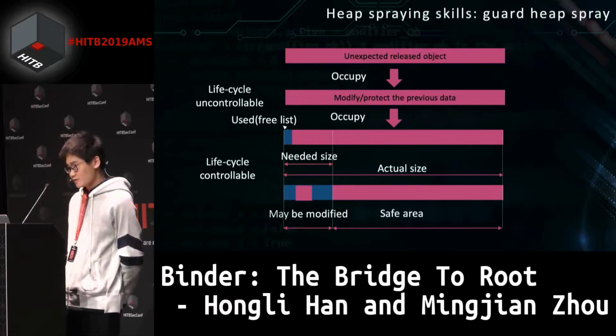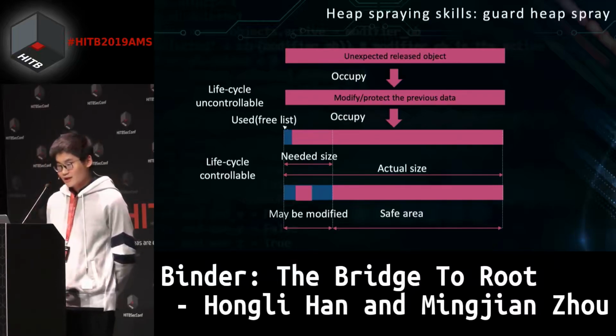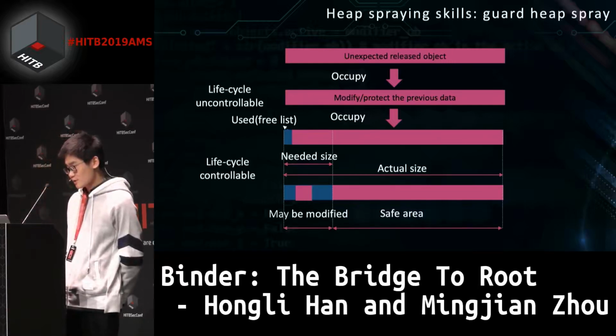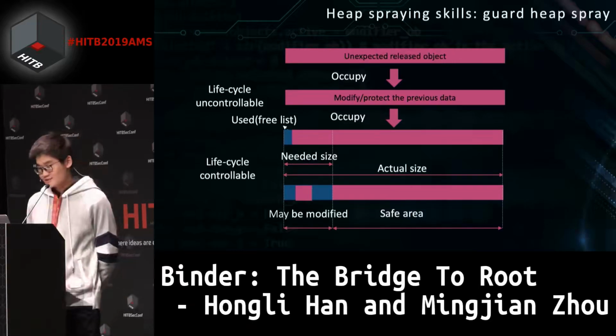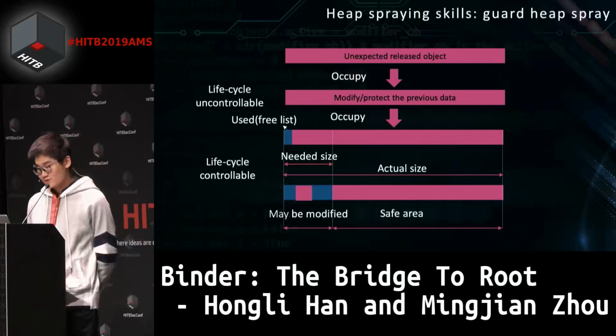First time, the unexpectedly released object is occupied and we put the wanted data there. The next time, we occupy it to control its life cycle. This will be helpful when exploiting a use-after-free vulnerability. We can use this to protect the unexpectedly freed buffer caused by triggering this vulnerability. We are able to release it at a more appropriate time.